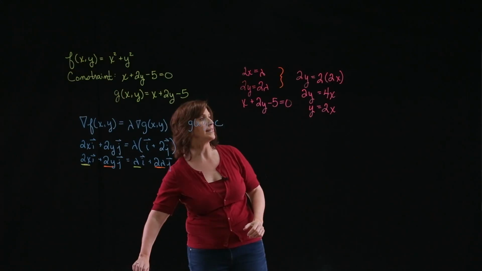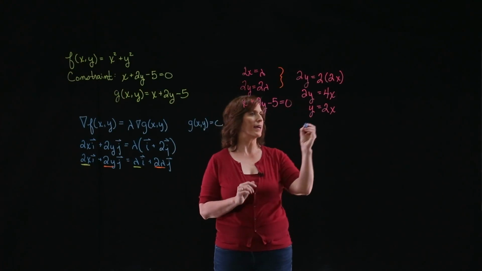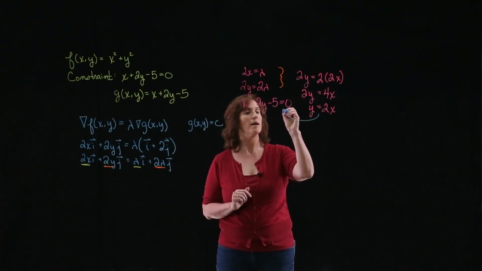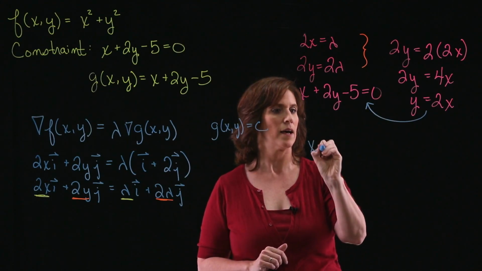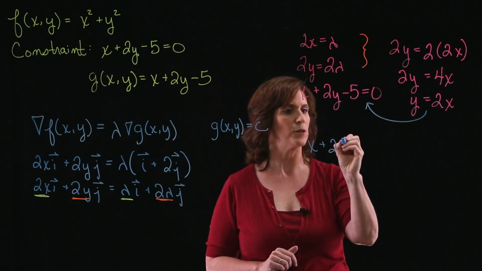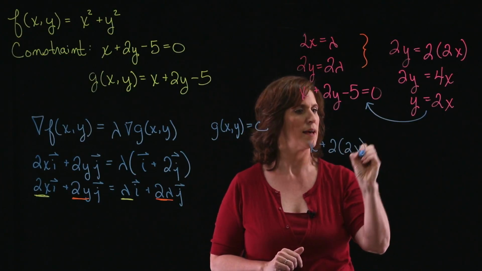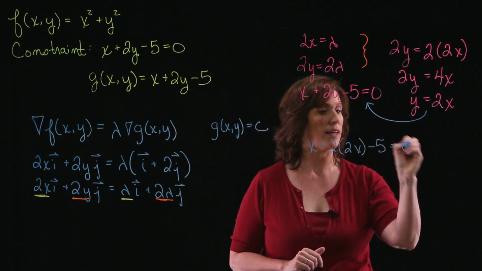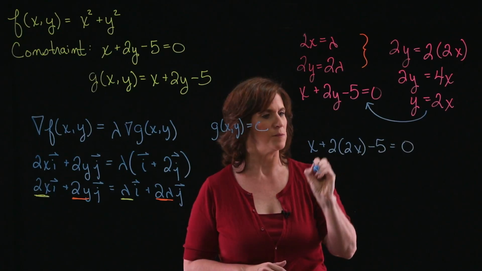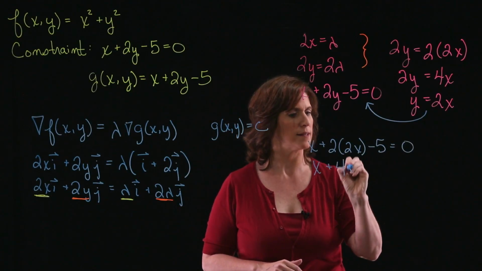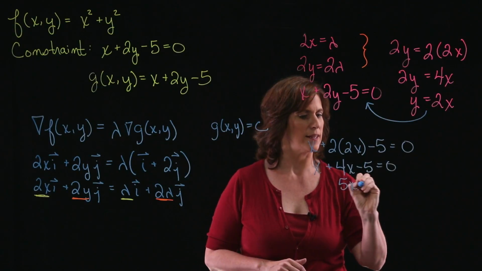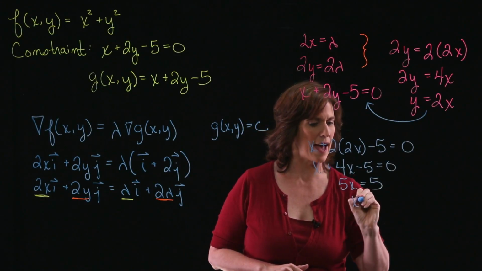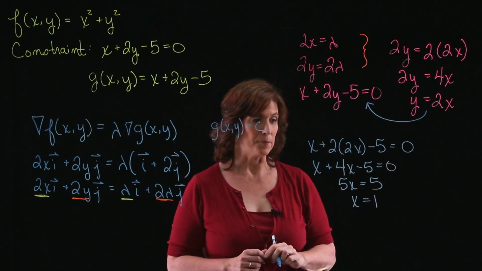I'm then going to take this information and plug it into my third equation. So I have x plus 2 times y, which I'll replace with 2x, minus 5 equals 0. That gives me x plus 4x minus 5 equals 0, 5x equals 5, and x equals 1.